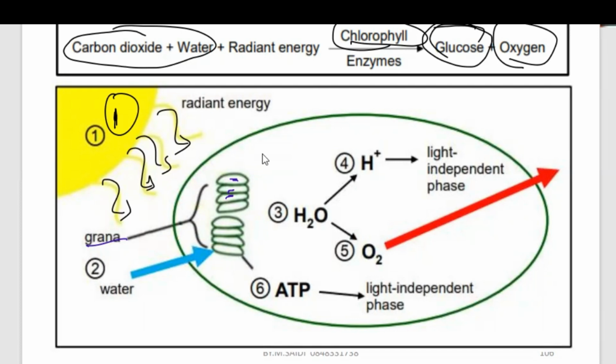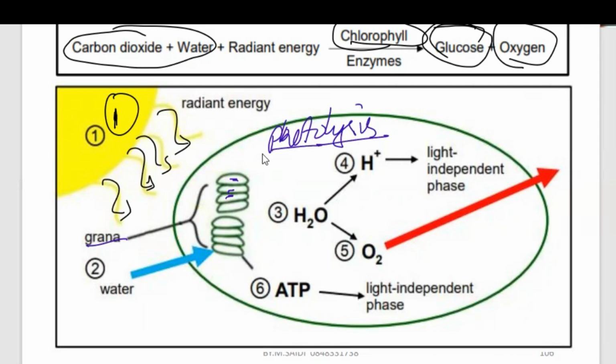Yes, this plant will absorb water from the soil. And then this light will help to carry out a process called photolysis. Lysis means splitting and photo means light.